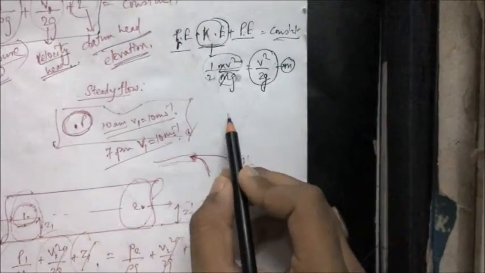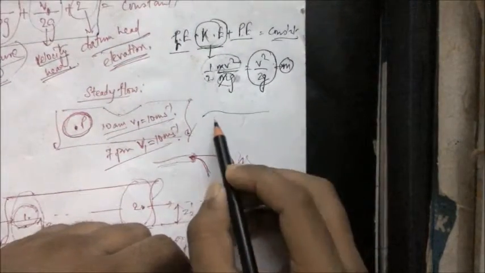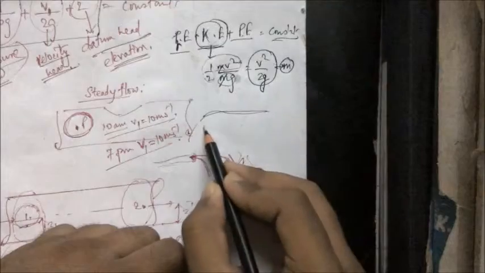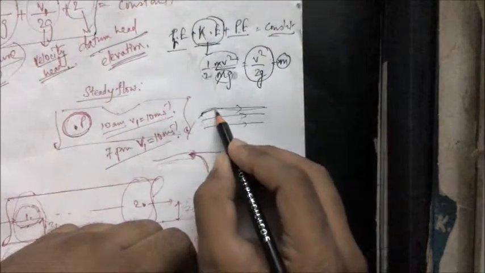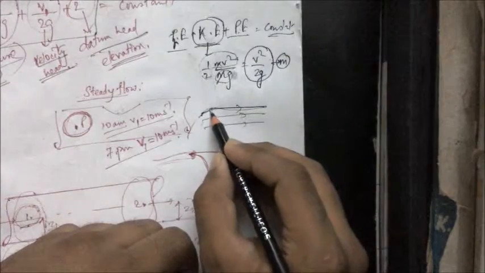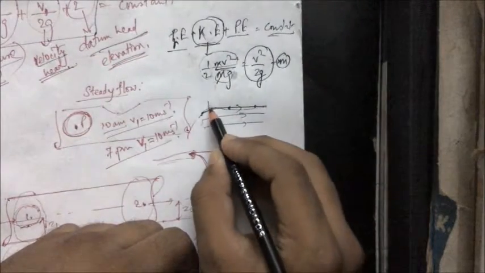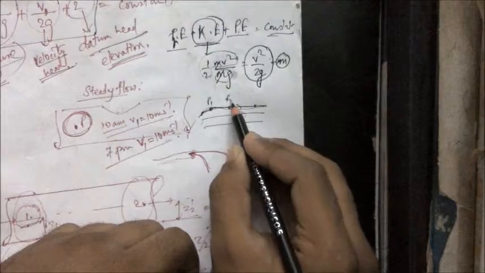Suppose you consider that these are your streamlines, okay, and in this streamline you have got point 1, 2, 3. At these points, this is p1, this is p2, this is p3.